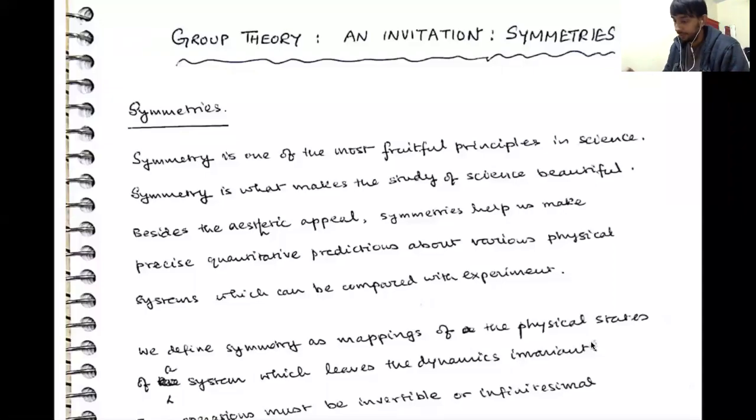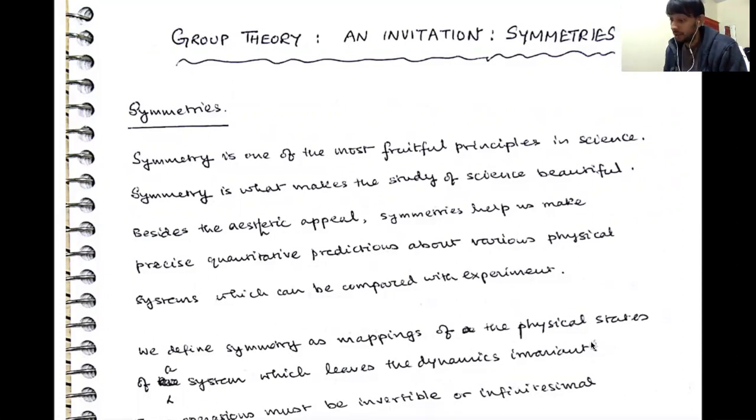So what I write here is that symmetry is one of the most fruitful principles in science. A large part of theoretical physics today is a pursuit of symmetries, and trying to understand things through symmetries.